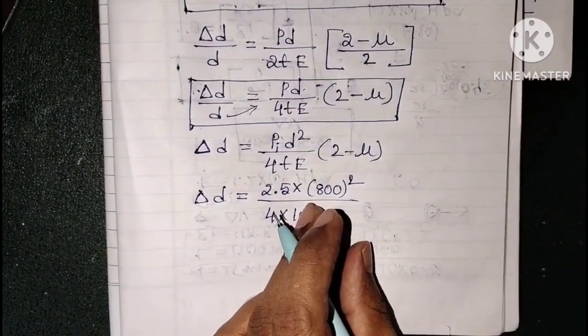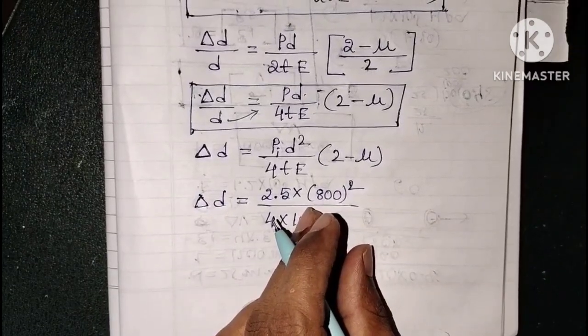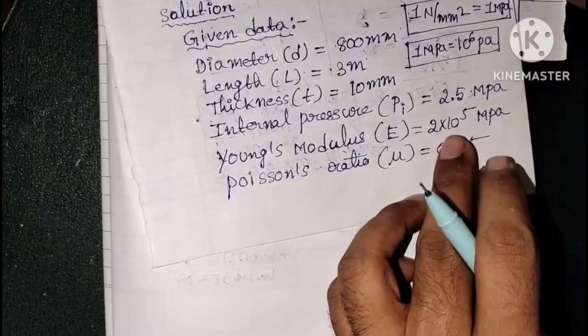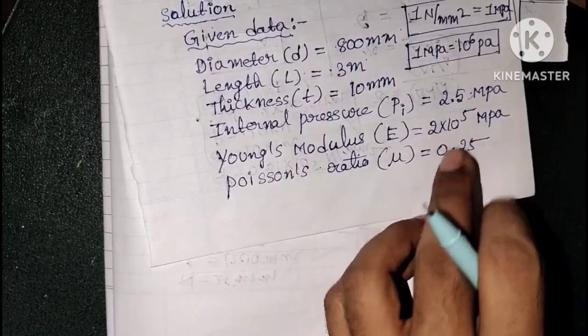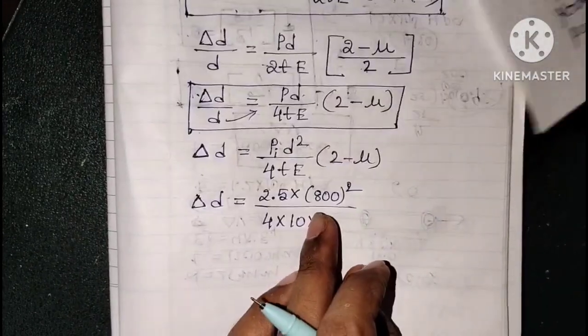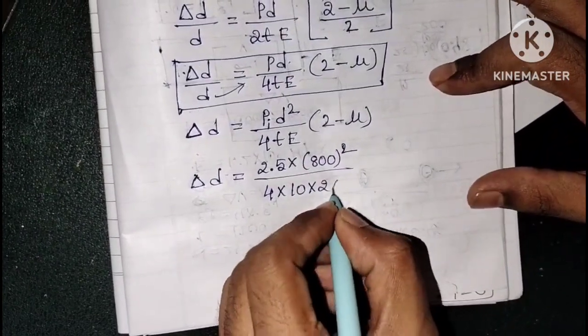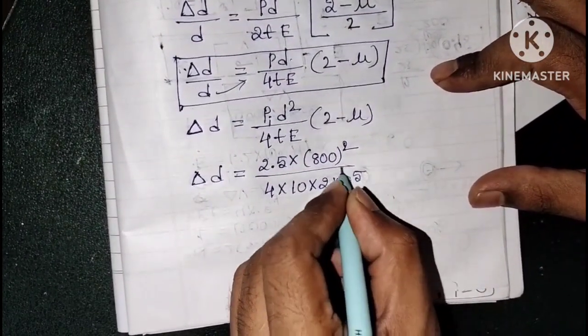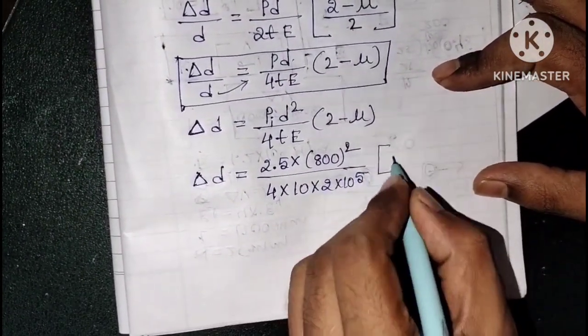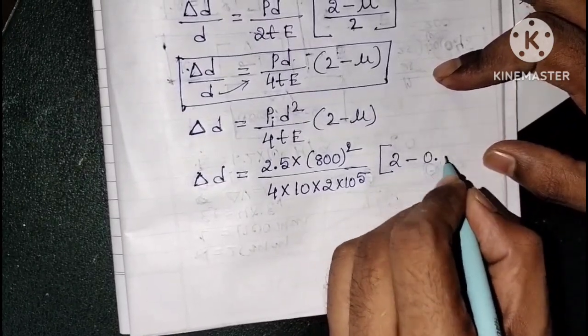In the given data, Young's modulus is 2 into 10 to the power of 5 MPa, and Poisson's ratio is 0.25, so into (2 minus mu).